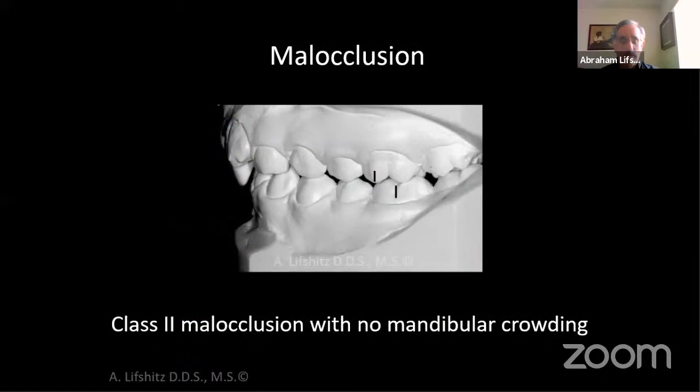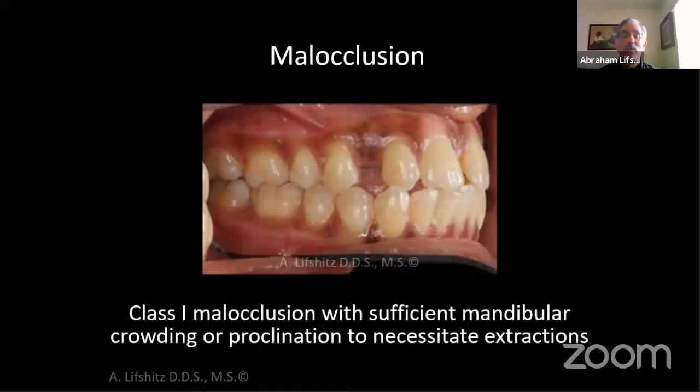Regarding malocclusion, an ideal case for canine substitution should have a class 2 malocclusion with no mandibular crowding, or class 1 malocclusion with sufficient mandibular crowding or proclination that would benefit with extraction of two premolars in the mandibular arch.